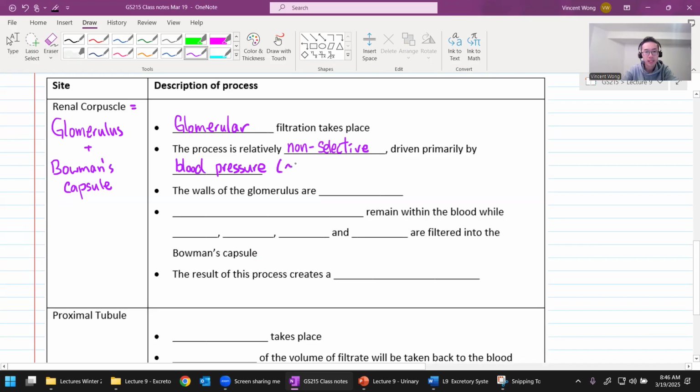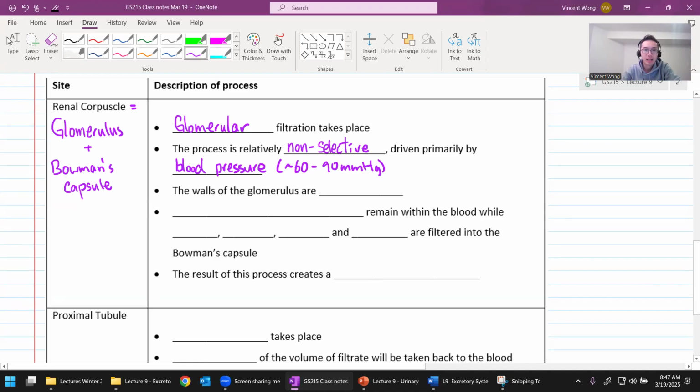Okay, the blood pressure is much higher in the glomerulus than in regular capillaries. Regular is about 15 to 30. Here we're talking about 60 to 90 mmHg. So high pressure. Think of a leaky hose, right? But then turn the tap all the way to the max. The water is just going to shoot all over the place, right? That's kind of what happens here.